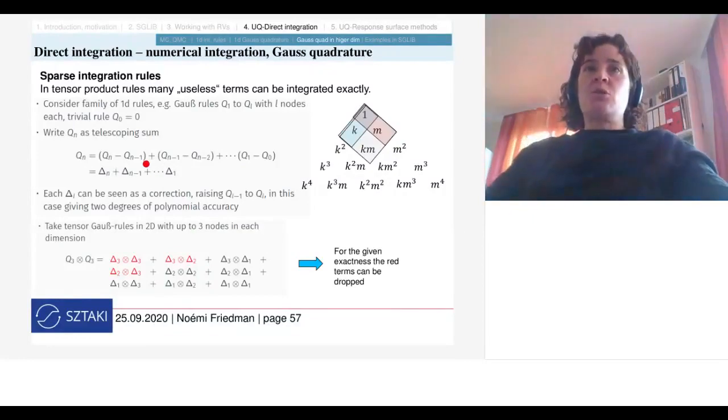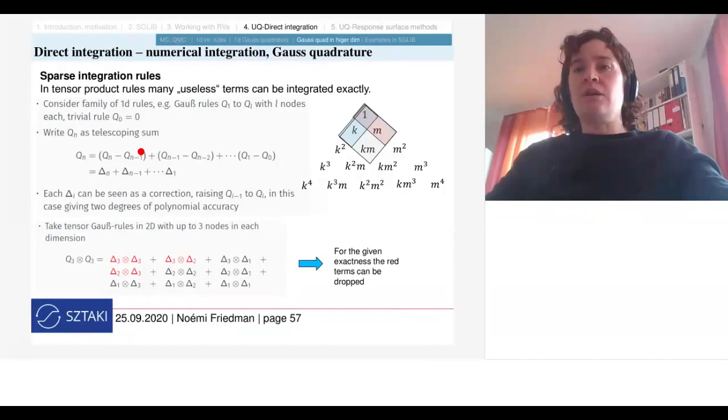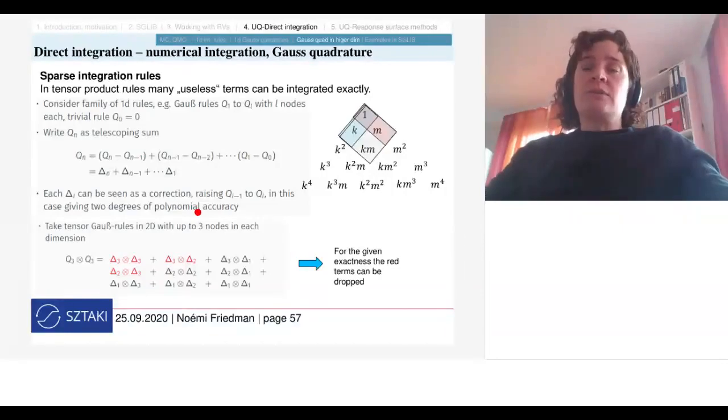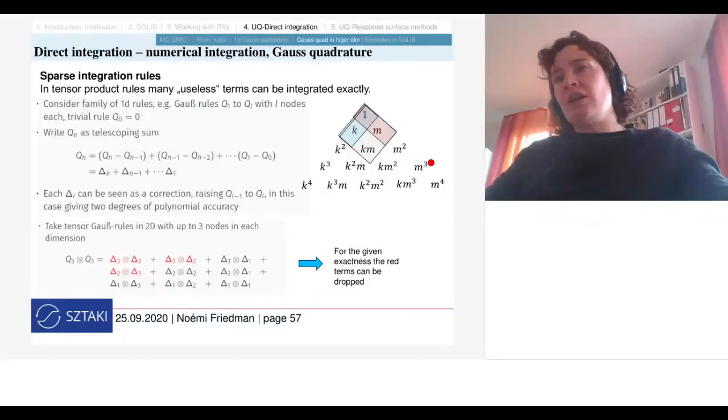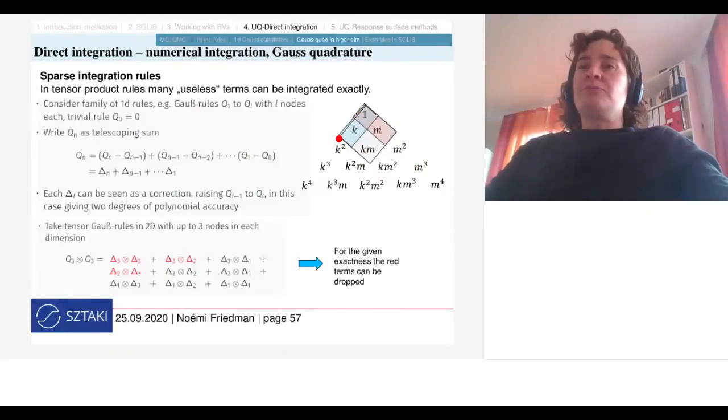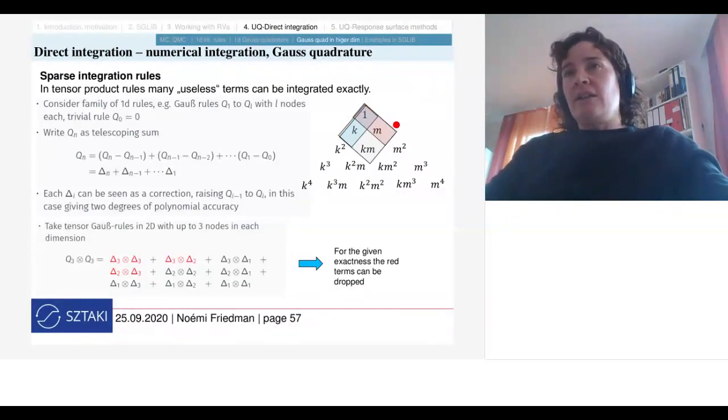And this is the so-called sparse integration rule that Professor Mattis mentioned to you, and I will only go through it fast to have a certain idea. So the idea is not to integrate all terms which are in this tensor product exactly, so if I have, for example, a 1-point rule, I have the linear terms exactly, and the other direction too.